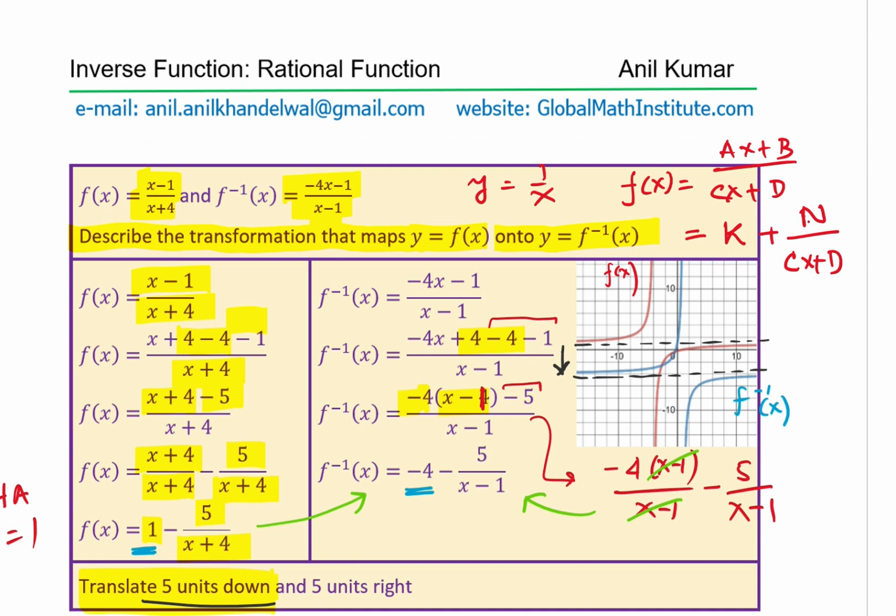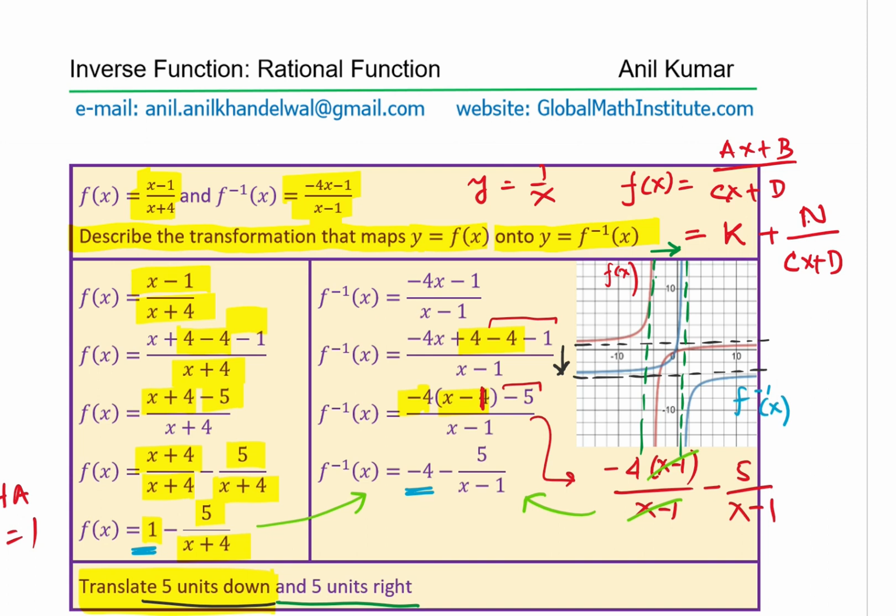That is, we have the vertical asymptote which actually moves from minus 4 to the value which is 1. So you see that? So that is the transformation which is from minus 4 to 1, and that is 5 units to the right. 5 units to the right.